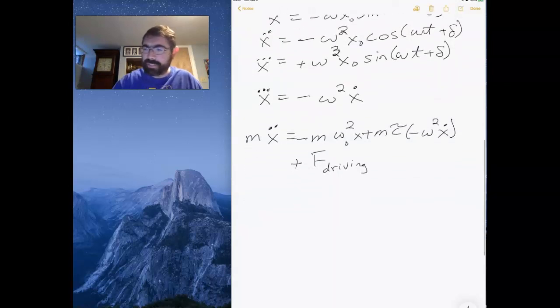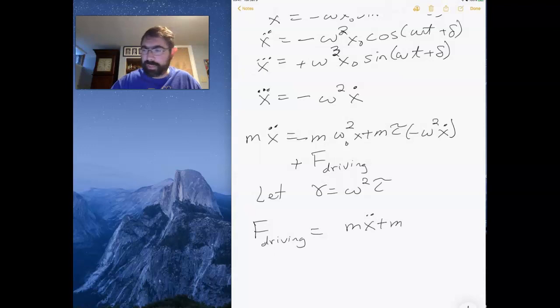Okay, so let gamma equal omega squared times tau, and so what we get is a driving force which is equal to the mass times the acceleration plus the mass times gamma times the velocity plus m omega naught squared times x. So now what we have is essentially an inhomogeneous second order differential equation with a first order term.